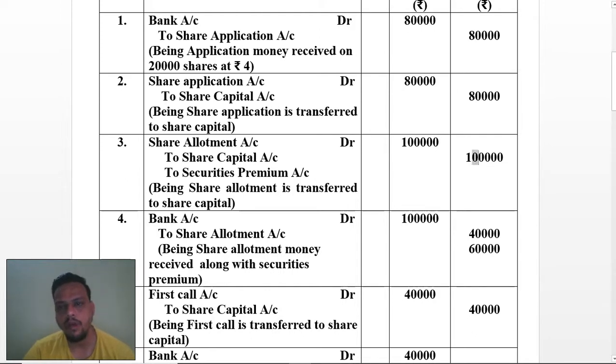The amount will also be changed to 40,000 and 60,000 respectively. Now I have rectified my error here, but in the narration we have to mention that being share allotment is transferred to share capital and securities premium. The wording has to be very clear.